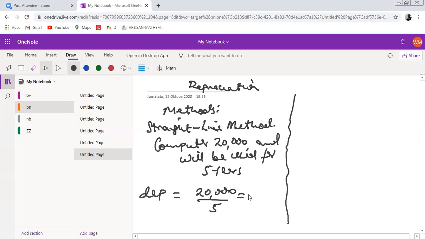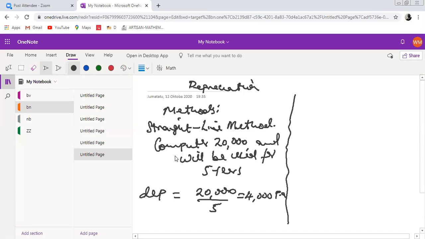And then we find that it's going to be reducing 4,000 per annum. So each and every year we use, it loses 4,000, 4,000, 4,000, such that by the end of year 5, it does not have any value. So the straight line method is simply going to allocate depreciation equitably to all the years the asset is going to be in use.